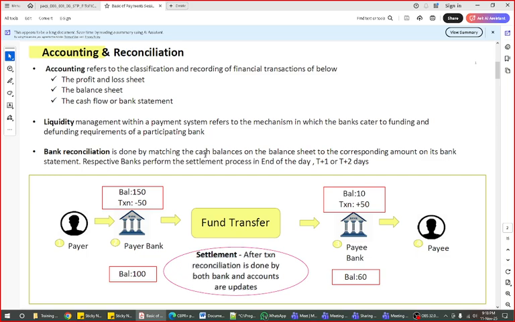In RTGS and NEFT, it is now a 2-hour batch cycle in India, for example. But in the UK, debit card payments still happen at T+1 and T+2. So that case we can consider here. This is a part of reconciliation: liquidity management and bank reconciliation.